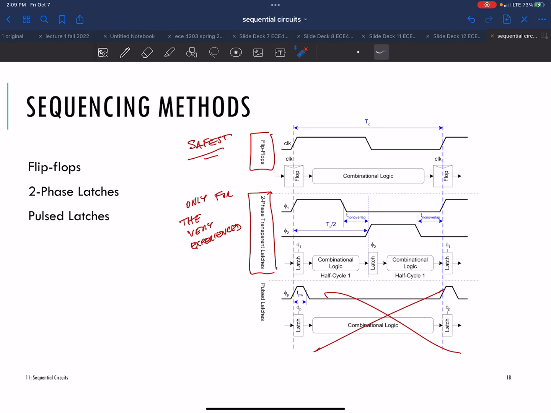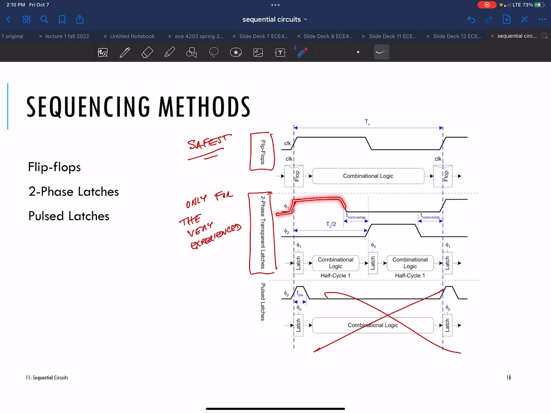Okay. In the case of a two-phase latch, you basically break this combinational logic into two parts, not necessarily two halves, but two parts. In this case, it's shown as two halves. And you put latches with non-overlapping phases in between them.